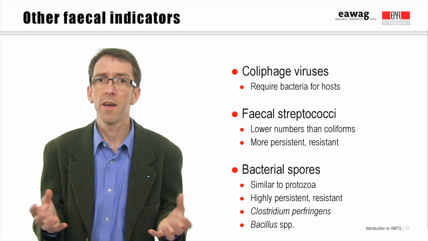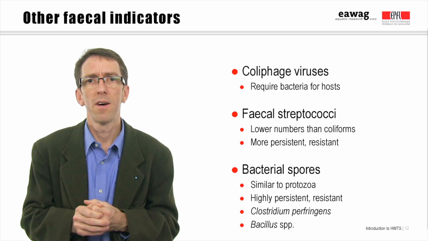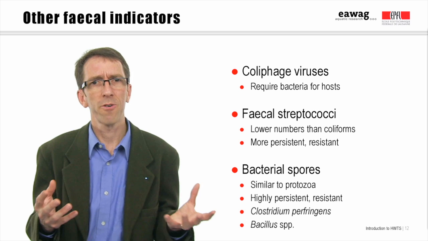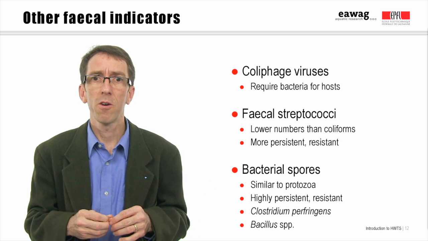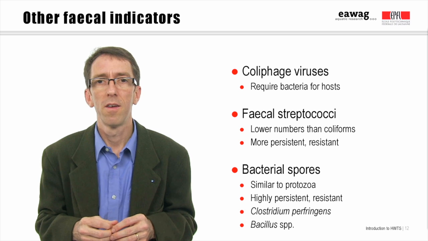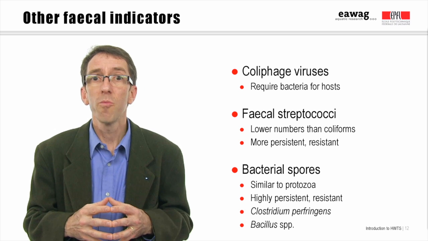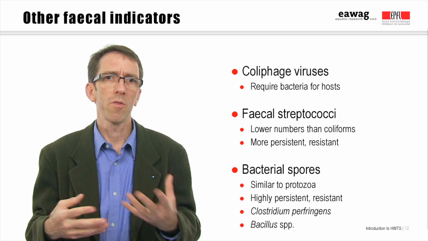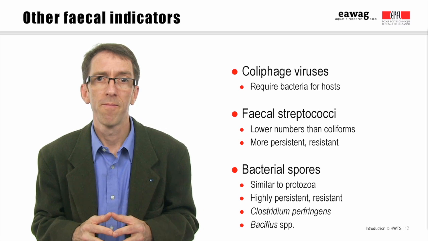Fecal streptococci are more hardy, robust bacteria compared to E. coli, so they could persist longer in the environment and maybe be a better indicator of long-term fecal contamination. Traditionally, methods for enumerating fecal streptococci have been more complicated, but this is changing with the development of new methods.